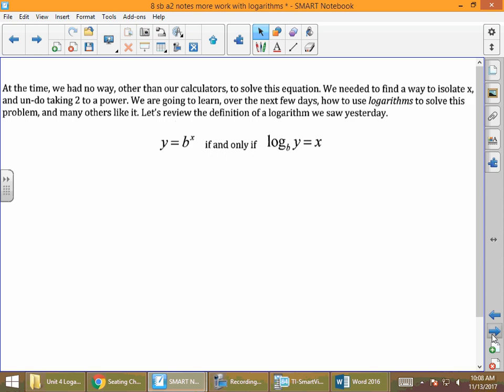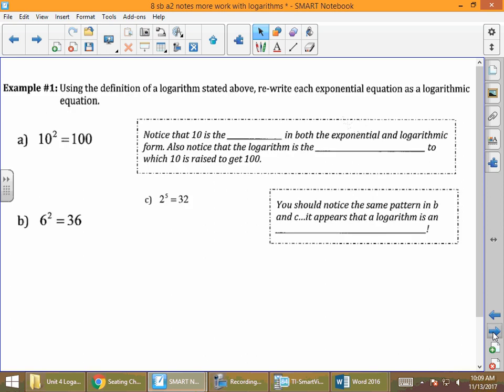A logarithm is another way of writing an exponent. By the way, y equals b to the x and log base b of y equals x mean the same thing. So if we can get past this word log, we can solve these types of problems. So let's use our definition of a logarithm and rewrite each of these exponential equations as a logarithmic equation.